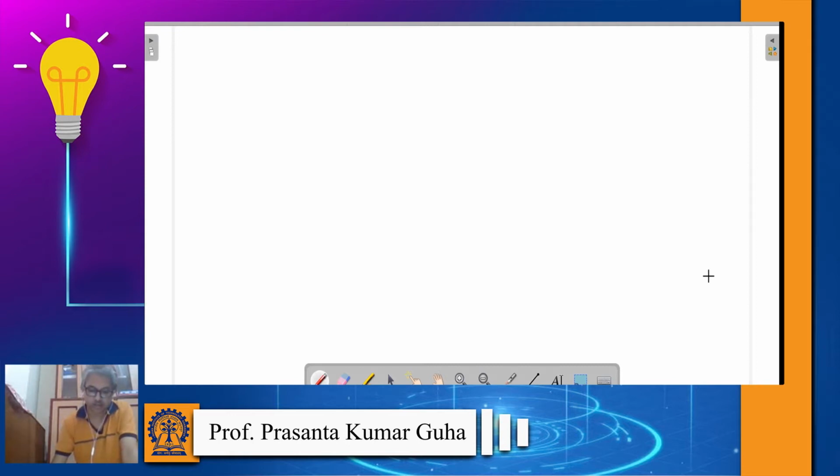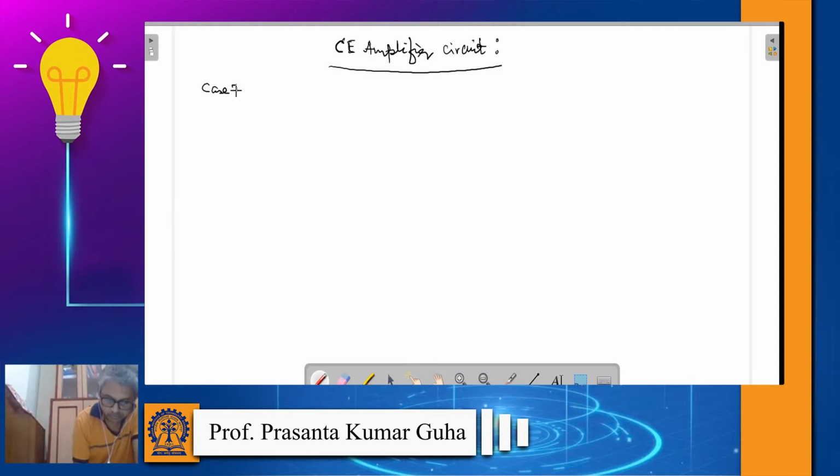Today, we have been discussing amplifier circuits. For example, we have discussed a very simple common emitter amplifier where we applied Vin at the base.